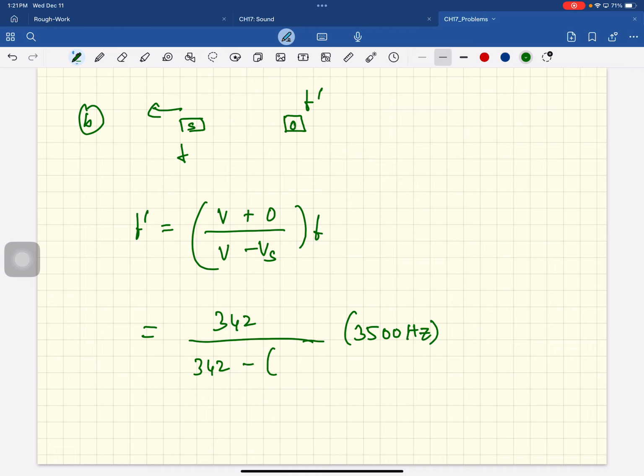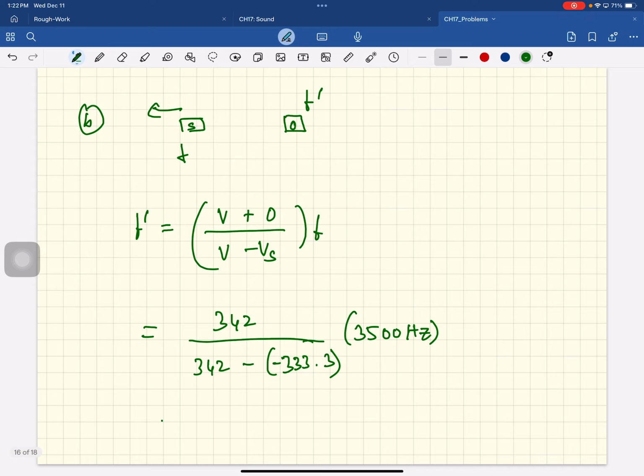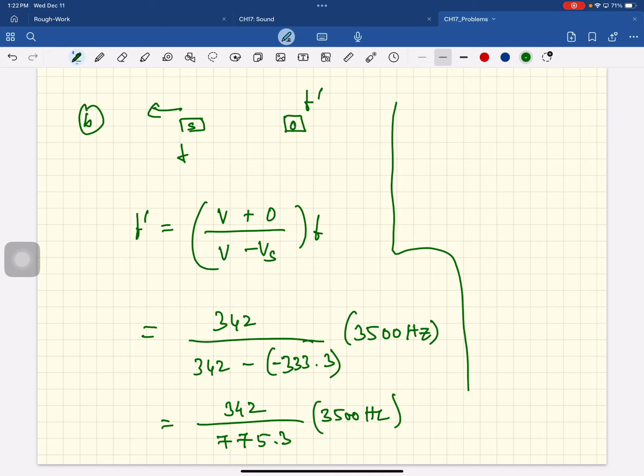Minus 333.3 meters per second. So now this is 342 divided by 675.3, times 3,500 hertz. Now you can hear this frequency.